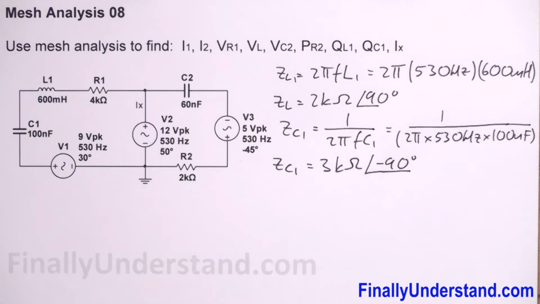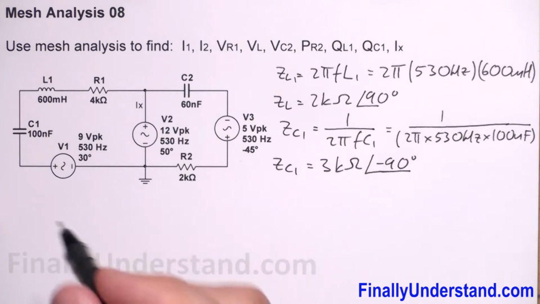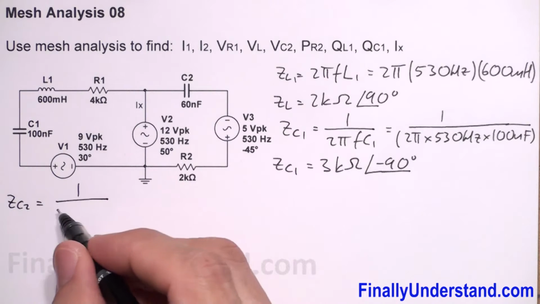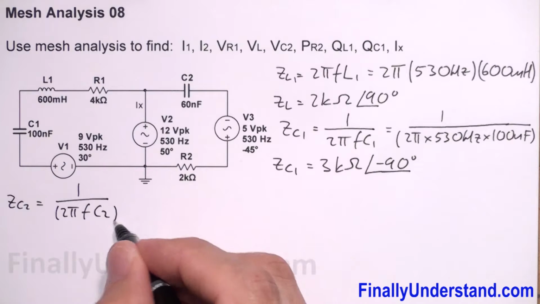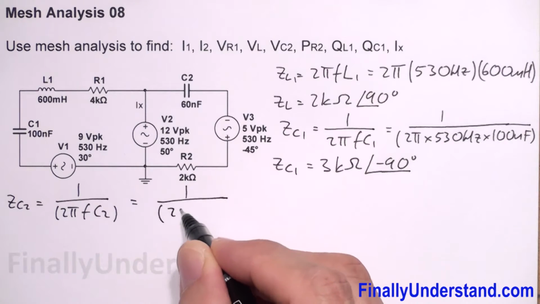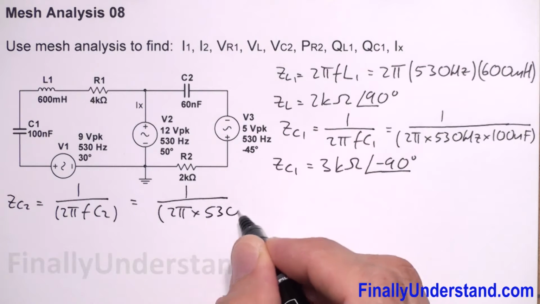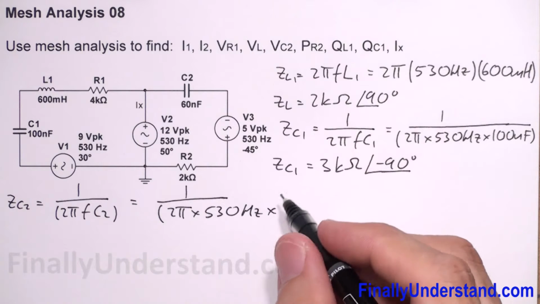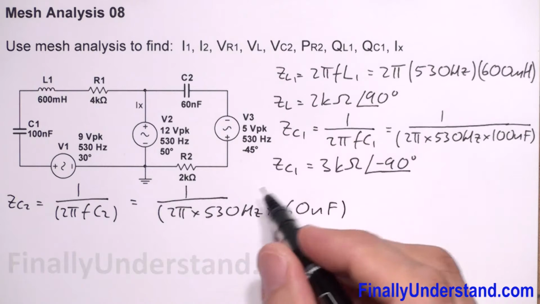Next, we're supposed to find the impedance of the capacitor C2. So I have ZC2 equal to 1 divided by, open parenthesis, 2 pi F C2. This is equal to 1 divided by, open parenthesis, 2 pi times 500 terahertz times C2, which is equal to 60 nanofarads.